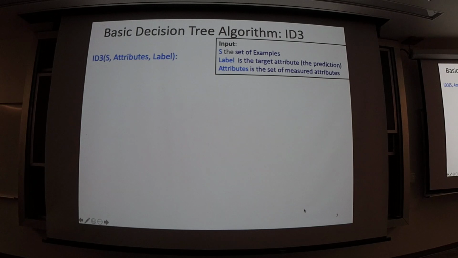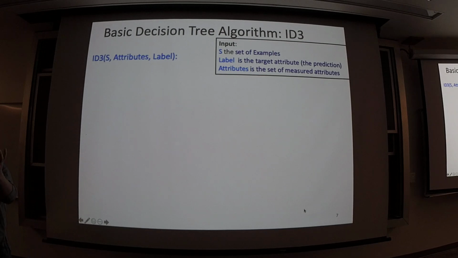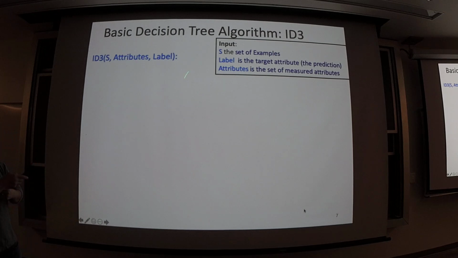So the input of the ID3 algorithm has 3 elements. First, S is a set of current examples, right? So S may represent the entire examples, or may represent the current subset of examples corresponding to some tree node. So be aware of that, because when you call ID3, it could be in an intermediate step to expand the tree on an existing node, or you start from scratch, right?